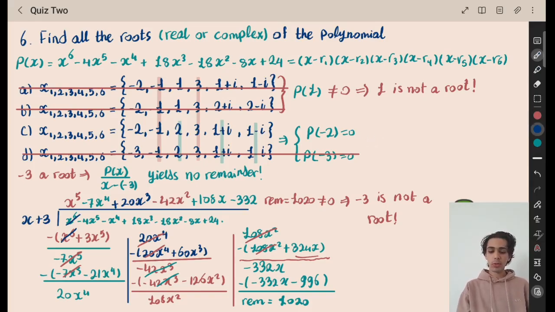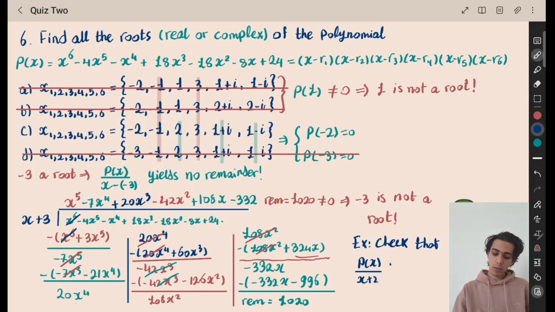You could have also chosen minus 2. So you divide by x minus 2, so you divide by x plus 2. Now, an exercise for you, check that p of x divided by x plus 2 has a remainder 0.